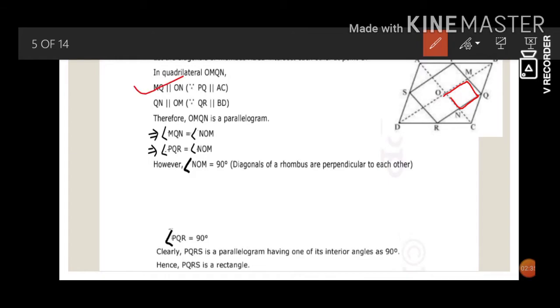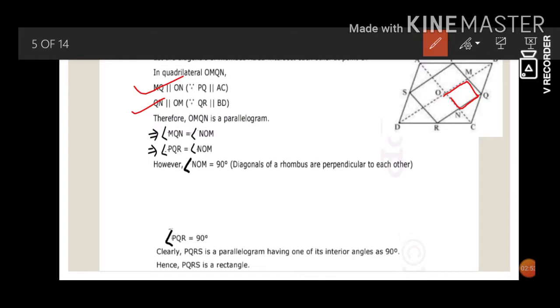Similarly, we have shown that QR is parallel to BD, since PQRS is a parallelogram. So from there we can say that QN is parallel to OM.